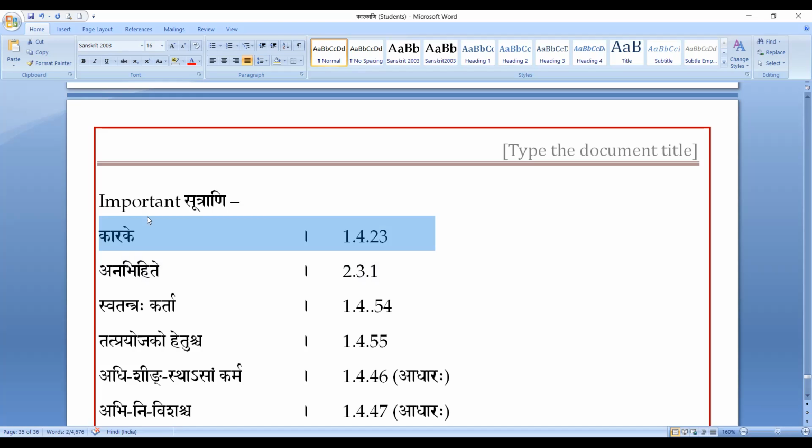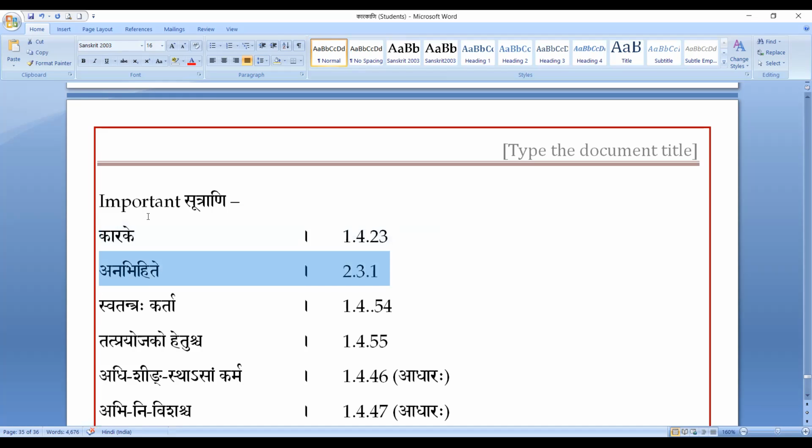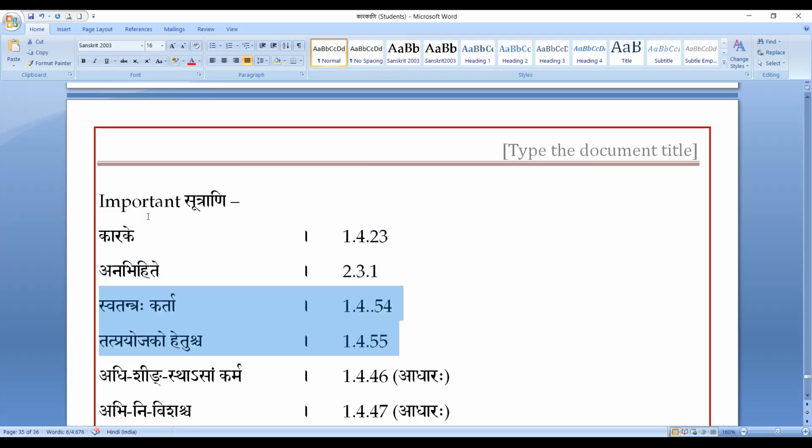If it is asked, we have to say Karaka is an Adhikara Sutra in this section, the 4th section of the first chapter. And with Anabhihite, this section assigns Vibhakti to the Karaka, not only to the Karaka but to Upapada Vibhakti also.